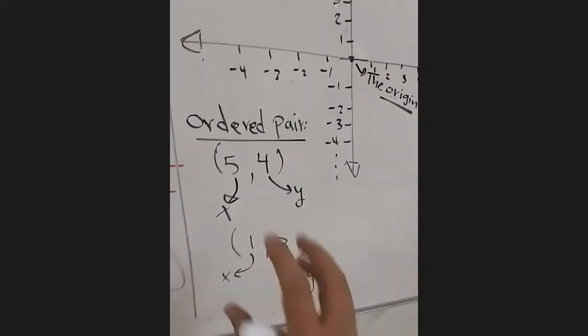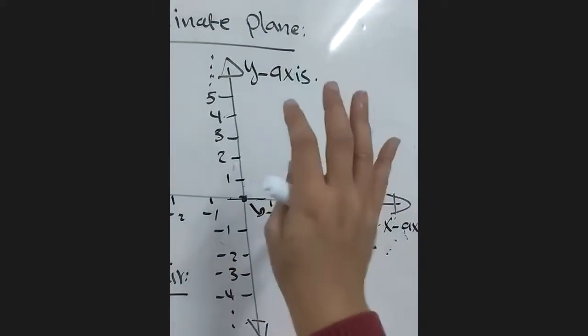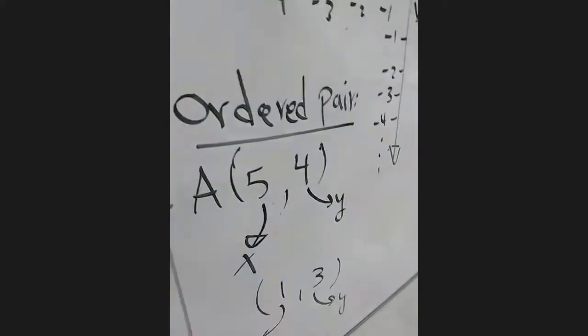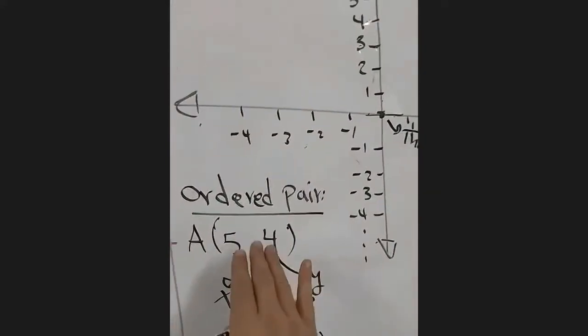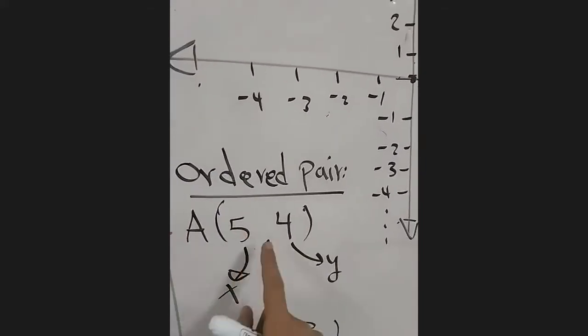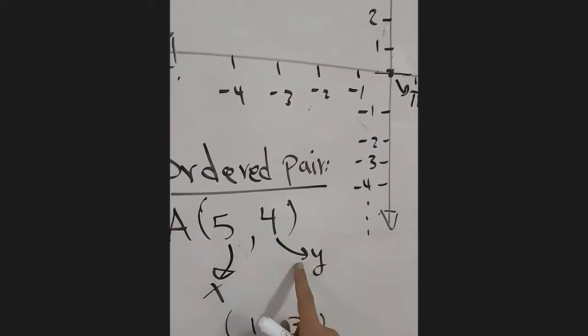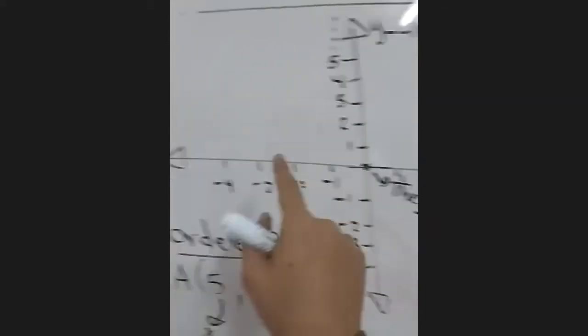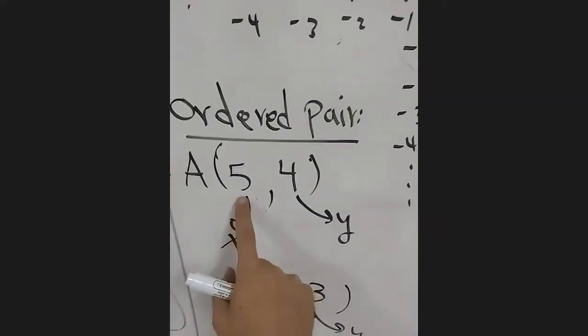Now, how do we graph a point on the coordinate plane? Let's graph this point first. I will call it point A. Let's graph this point on the coordinate plane here. Now, 5 and 4, the first is x and the second is y. First thing, we go to the x-axis, the horizontal one, and search for the 5.